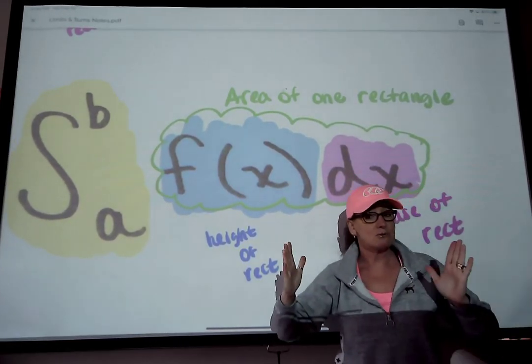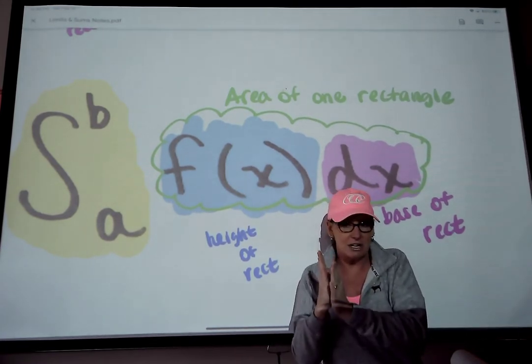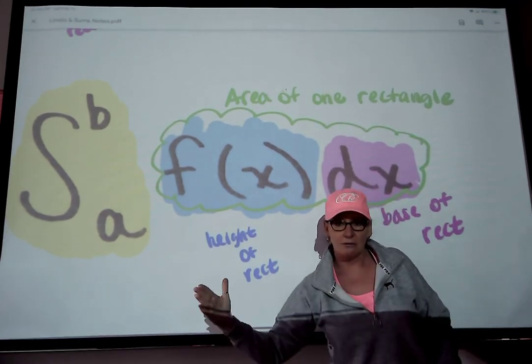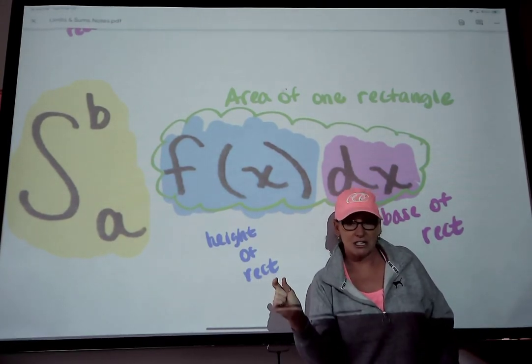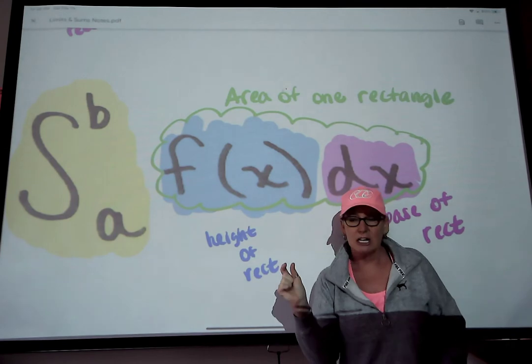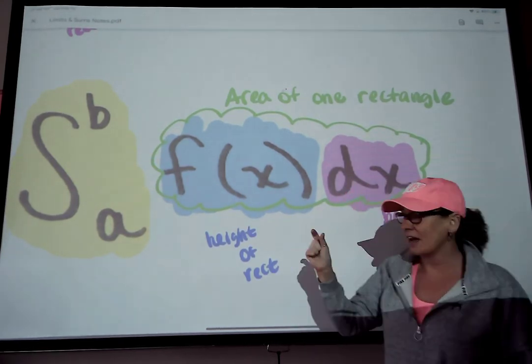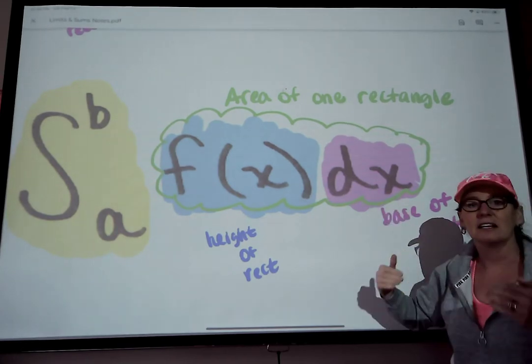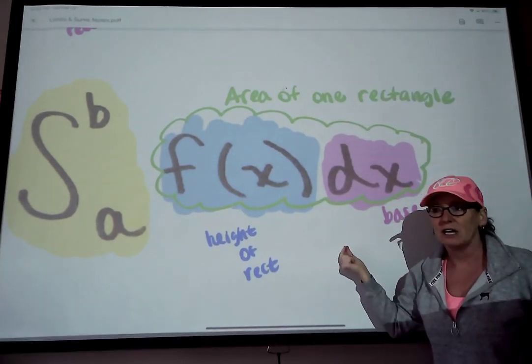Now remember, if these rectangles are super skinny and there's an infinite number of them, their width goes across the x-axis, and we call it the change in x. Super skinny, change in x, delta x, aka dx in an integral. This represents the super skinny width of each rectangle.